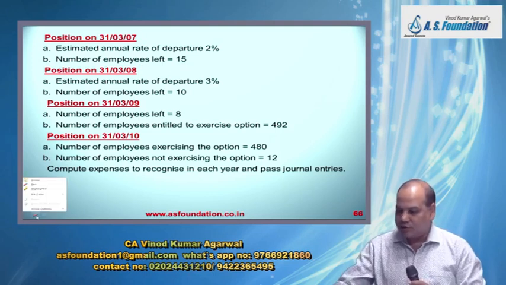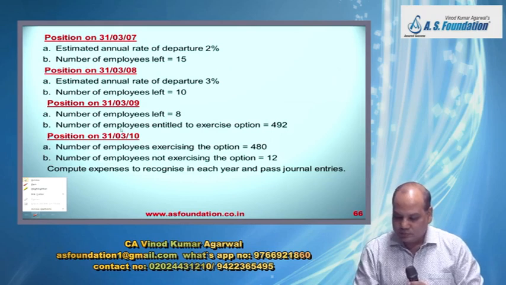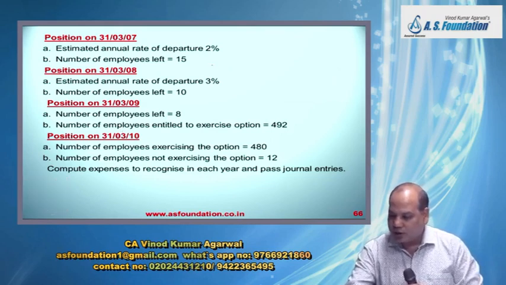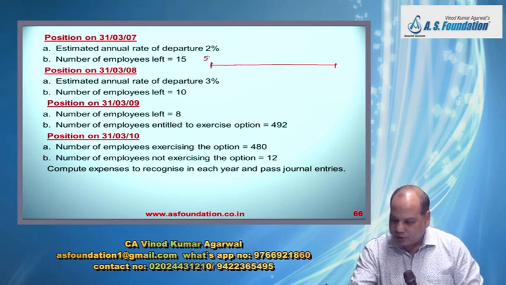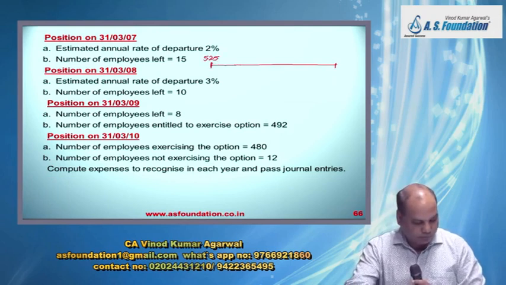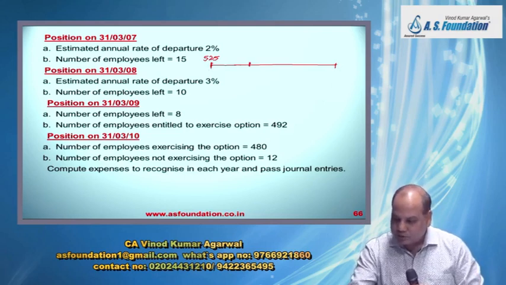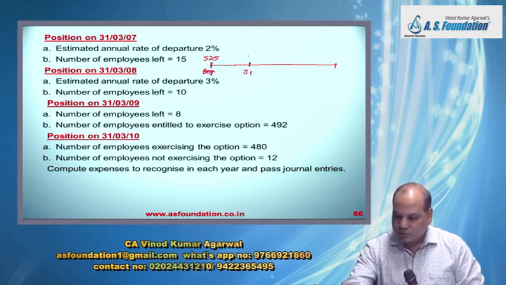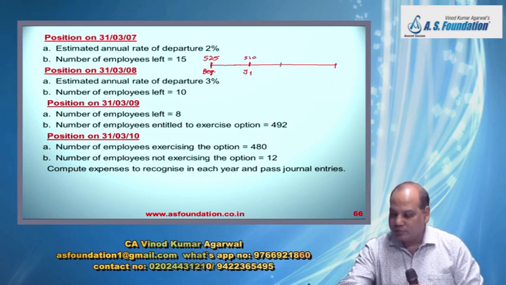Now understand this, then you will understand the remaining. How many employees we had in the beginning? We had 525 here in the beginning. This is the beginning. This is end of year 1. 15 left. So now we have 510.